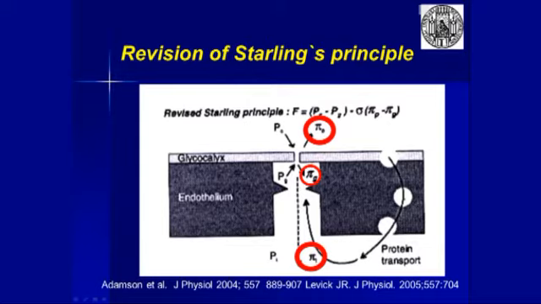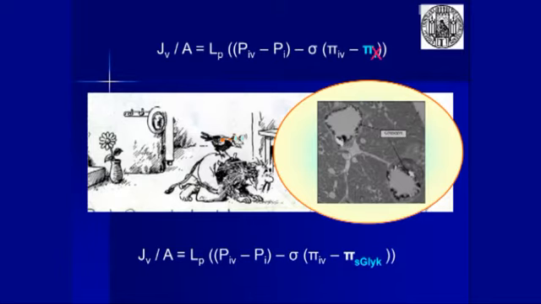So, Starling was not wrong in assuming an oncotic pressure outside the circulating part of the plasma to determine fluid filtration, but he did not know the endothelial glycocalyx. Today, we recognize its existence.